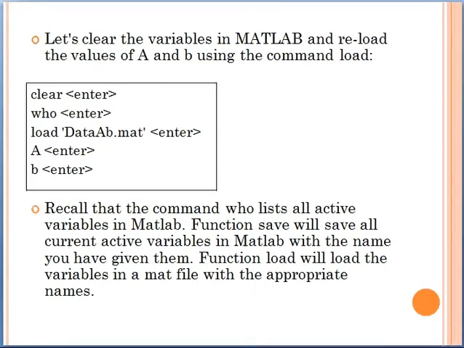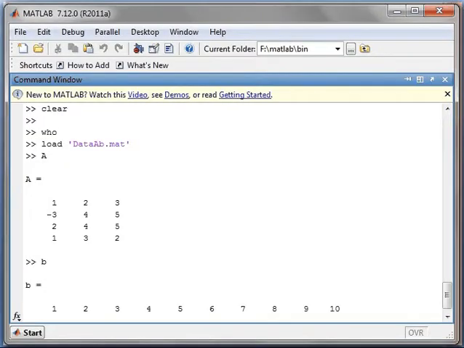Now let's clear the variables in MATLAB and reload the values of A and B using the command load. Here I am reloading the values of A and B. I have written clear, then the who command. Then load data ab.mat. It is the file name in which variables A and B are stored.